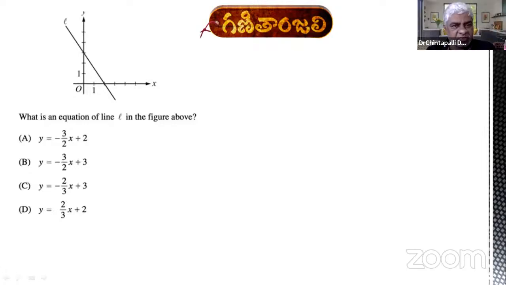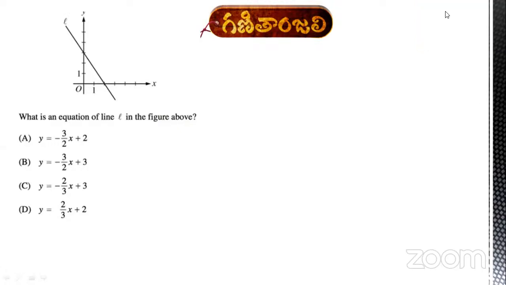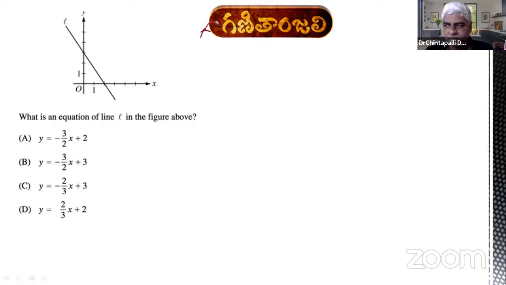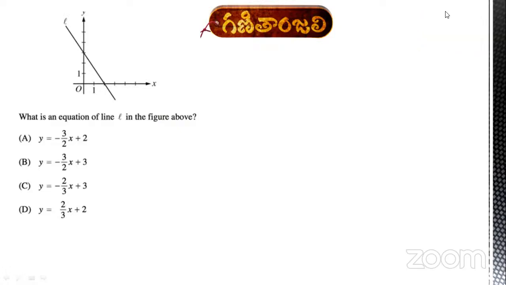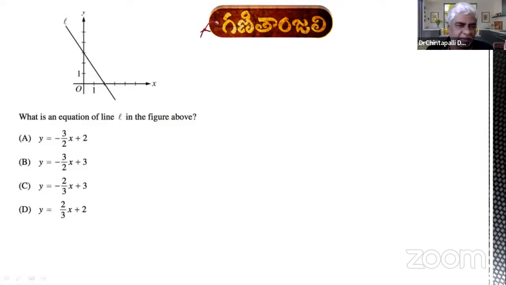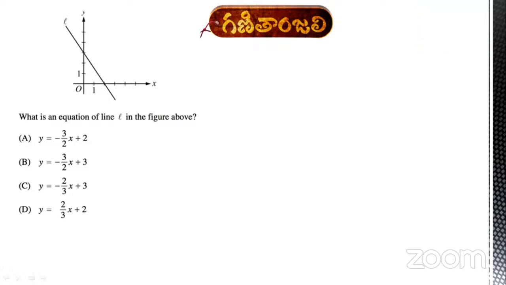What is the equation of the line L in the figure above? One direct method is to find the slope and put it in.